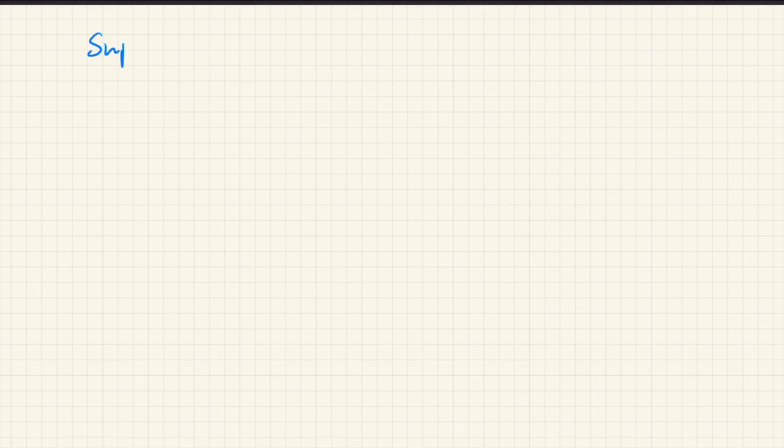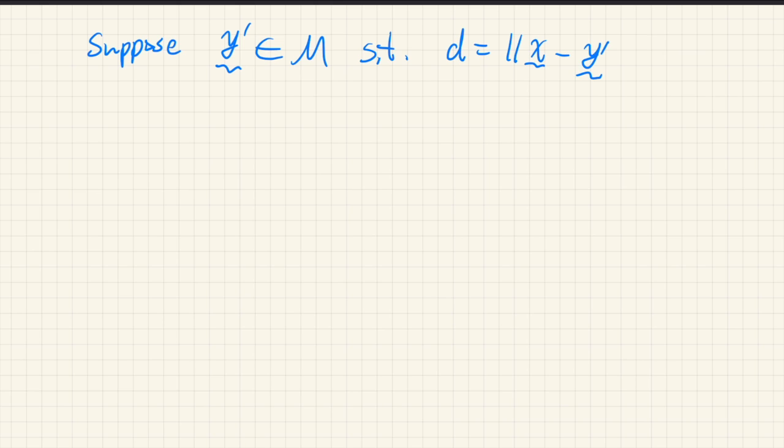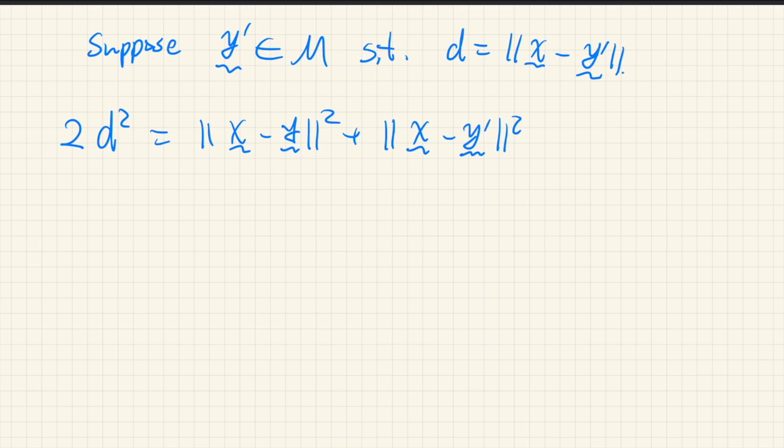So to show the uniqueness, suppose there exists another y prime such that the distance between y prime and x is equal to d. So using this, 2d squared is equal to the distance between x and y squared, plus the distance between x and y prime squared.